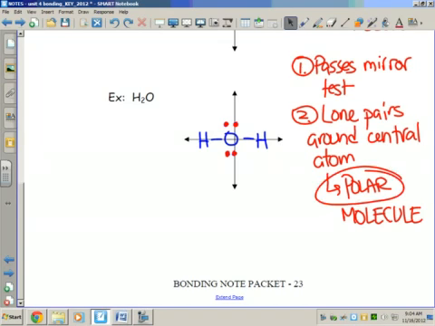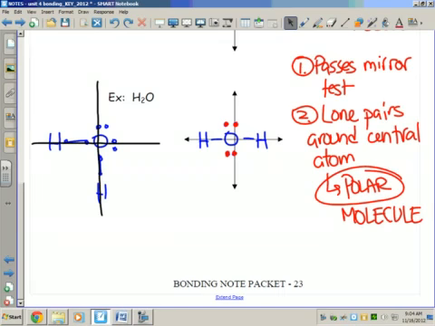Now, the other way I wanted to draw that water molecule for you that would have been sort of a dead giveaway, if you drew the oxygen and did its Lewis structure first, and then put the hydrogens where the unpaired electrons on oxygen are, now all of a sudden you have something that does not pass the mirror test.